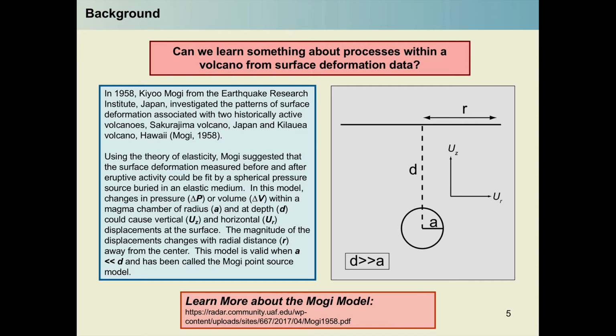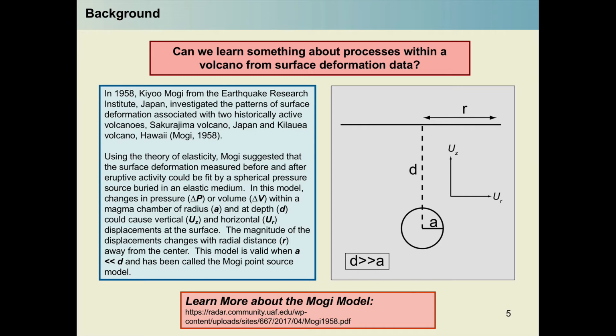So it's important to know something about the geometry of your volcano and the geometry of its magma storage and plumbing system. So this model was developed by Kiyoo Mogi, and I actually linked into the bottom of the slide here a link to his 1958 paper. If you want to read more about the Mogi model from that paper, you can do so.